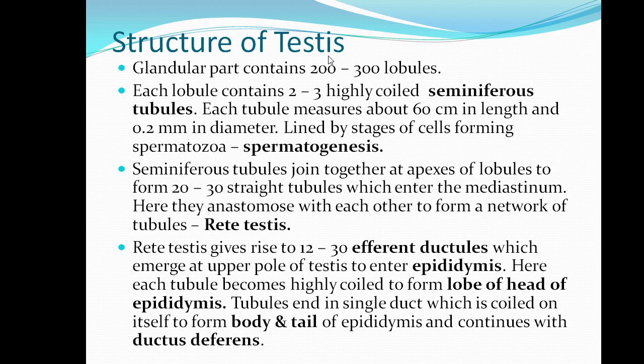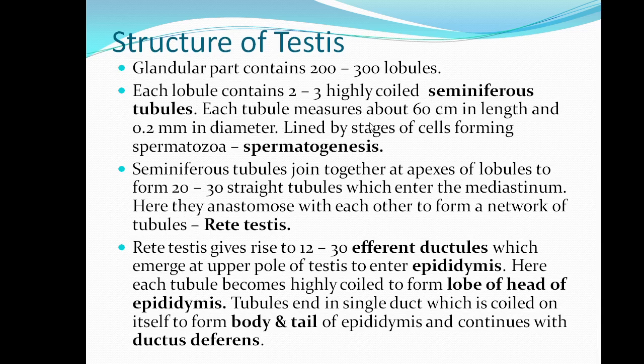The structure of the testis. The glandular part of the testis contains 200 to 300 lobules. Each lobule contains 2 to 3 highly coiled seminiferous tubules.